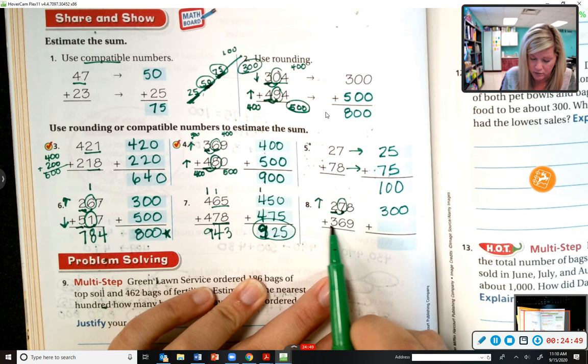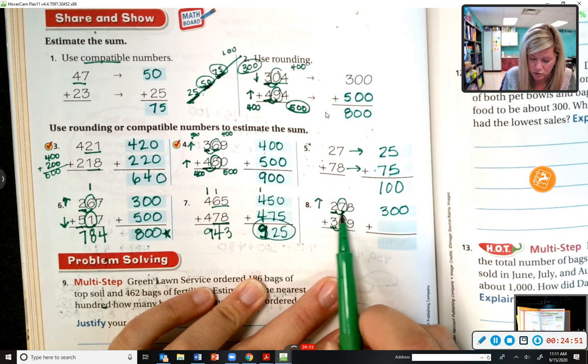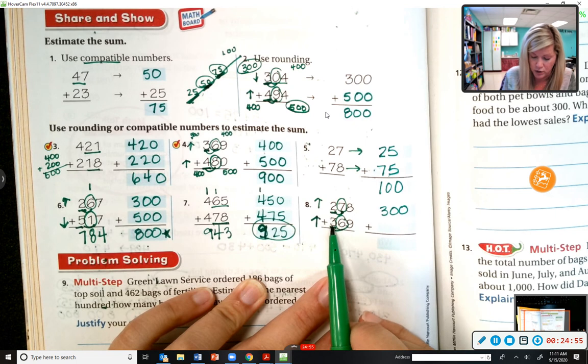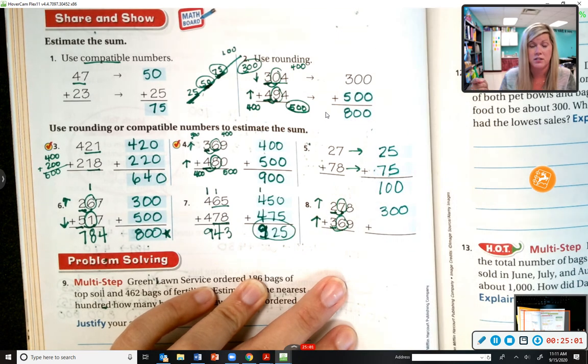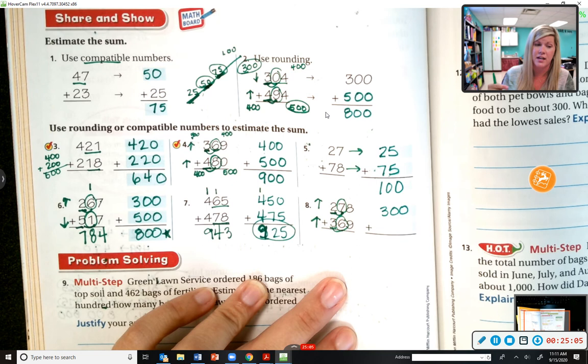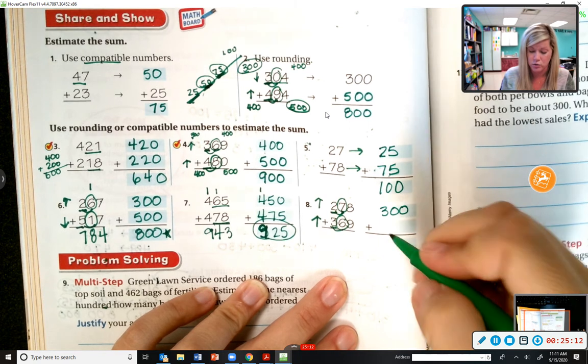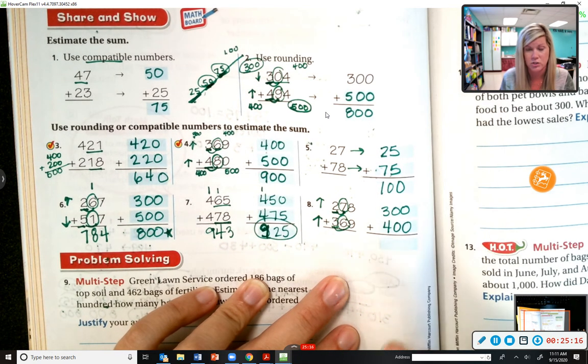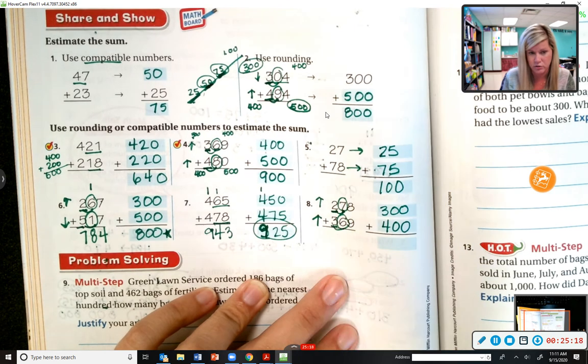Okay, find the hundreds, look next door. 6, so I'm going to round up again. So if you're thinking, okay, this is in the 300s already, which 100 would come next. Well, let's skip count by hundreds. If you're still not sure, you would say 100, 200, 300, 400 comes next. So you should round up to 400 because it's the next one after the 300s.